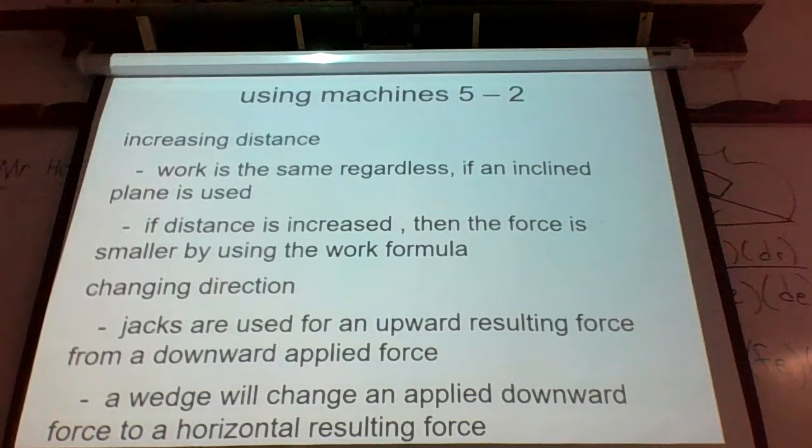Now some of you, once we get past this chapter, you won't ever look at this information again unless you plan on taking high school or college physics. Does that sound like fun? Yes? No?